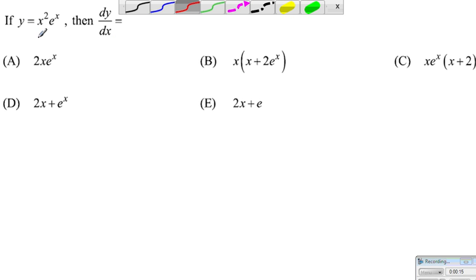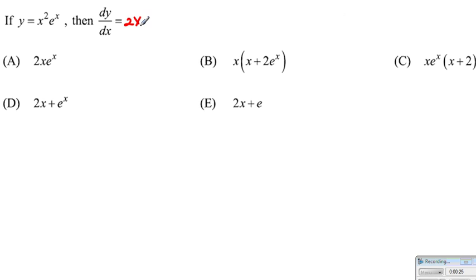Now, of course, what we have to do is use the product rule because this is the product of two functions. So first, let's take the derivative of x squared, which becomes 2x multiplied by e to the x, plus keeping the x squared as it is, multiplied by the derivative of e to the x, which will be simply e to the x.